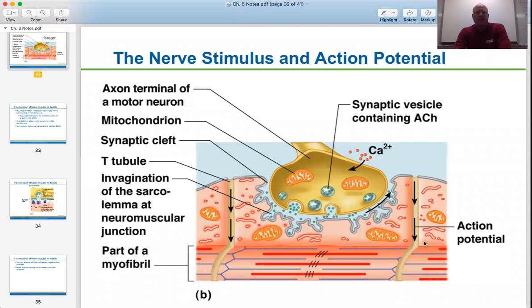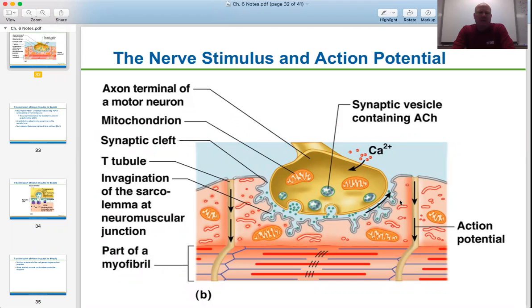So yesterday we talked about what happens where the nerve cell connects up with the muscle cell, and it doesn't connect up. There's a small space in between called the synapse, and that's where the neurotransmitter acetylcholine makes its way across the synapse and attaches to the muscle cell, opening up channels that allow sodium to pump into the cell.